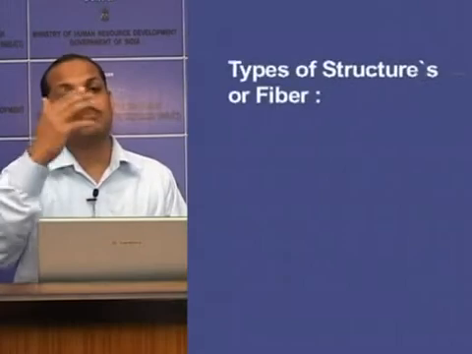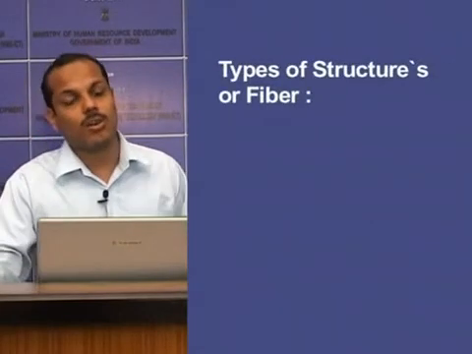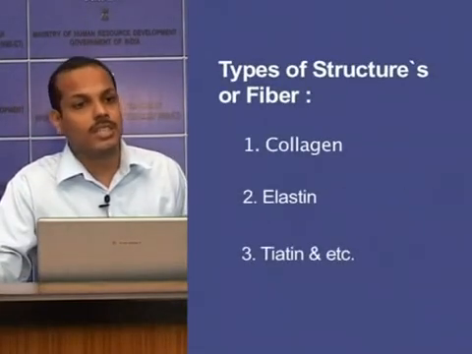The second factor which determines flexibility is the muscle's elasticity and length. There are different types of structures and fibers present in the muscle: collagen, elastin, titin, etc. Collagen fibers are white fibers which provide structure and support.